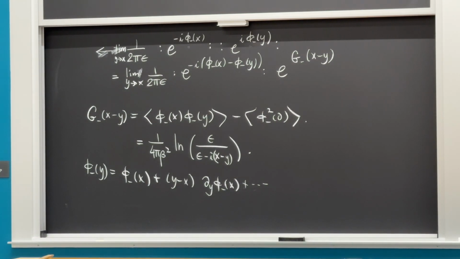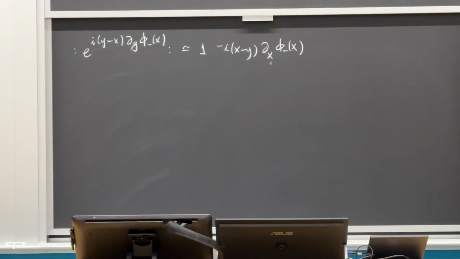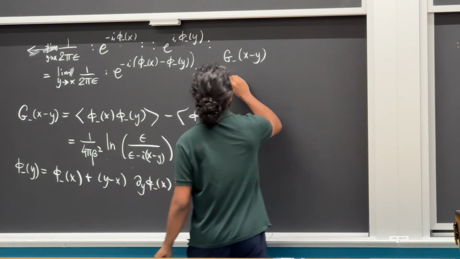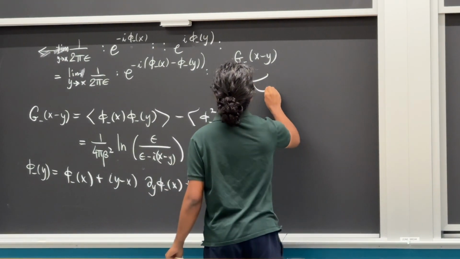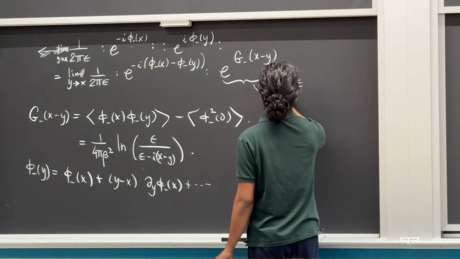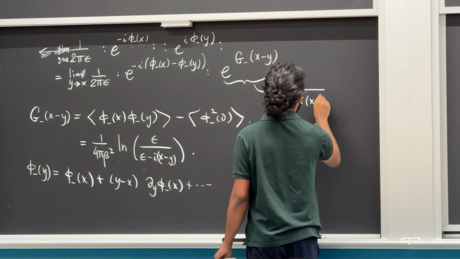Alright, if I plug this in here with the special value beta squared equal to 1 by 4 pi, this factor becomes epsilon by epsilon times (x minus y).